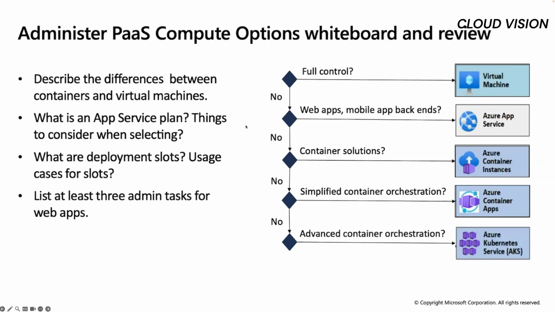Also, the main factor here is how much control you need. While you're setting up a web app, sometimes you don't really need any control at all. You can say, okay, fine, I don't care what happens on the hardware or infrastructure side because I want someone to take care of it.